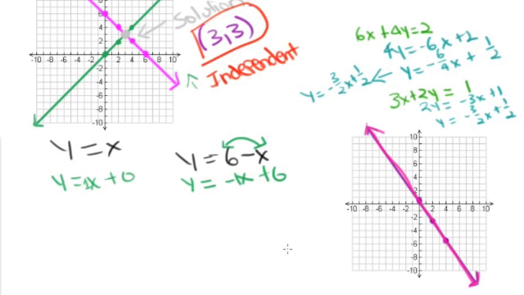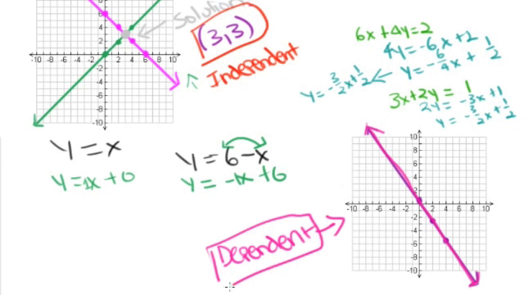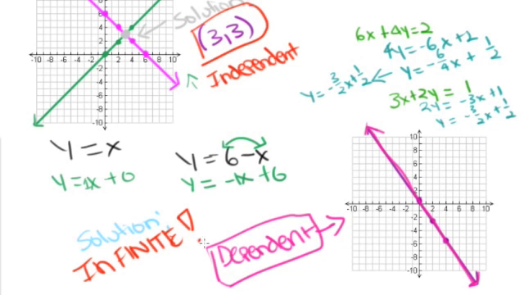So this is a dependent system, and because it's a dependent system, there are infinite solutions. So the solution will be infinite solutions, because this is a dependent system.